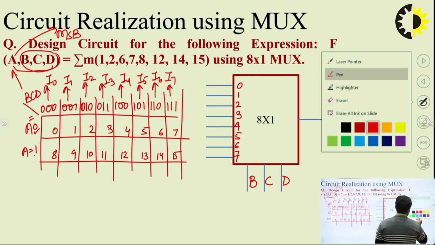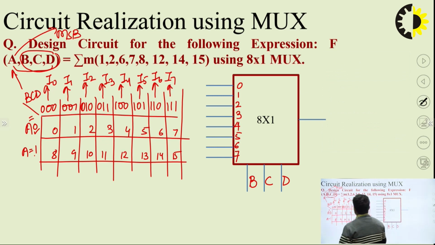Now we have to feed the terms which are provided in the question. You can notice one thing: I have not read the question's main terms. I have just read from the question that there are 4 variables, and the MUX provided is an 8 cross 1 multiplexer, which has 3 select lines. So one of the variables has to be eliminated, and based on that I have made this arrangement, without even looking at the minterms.